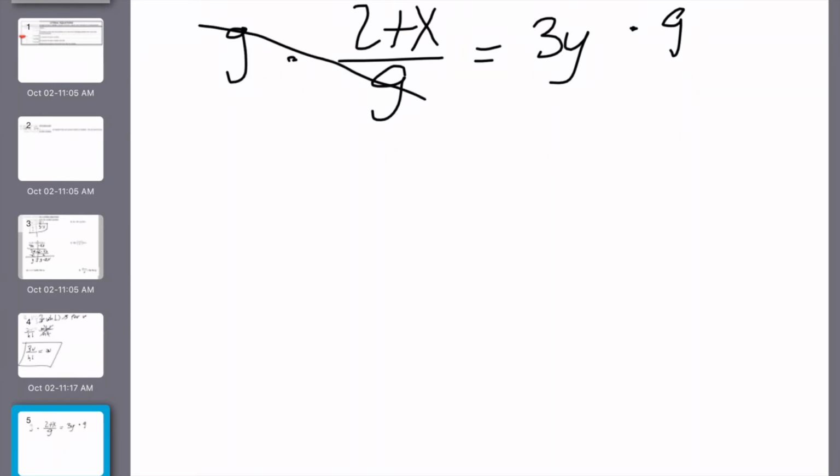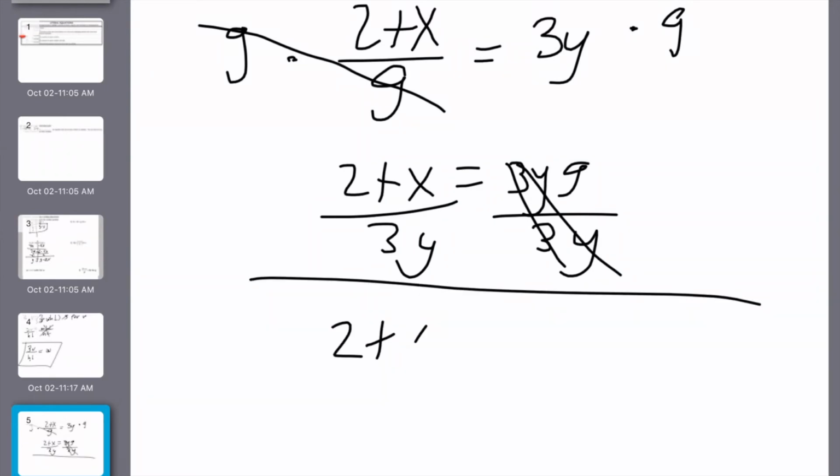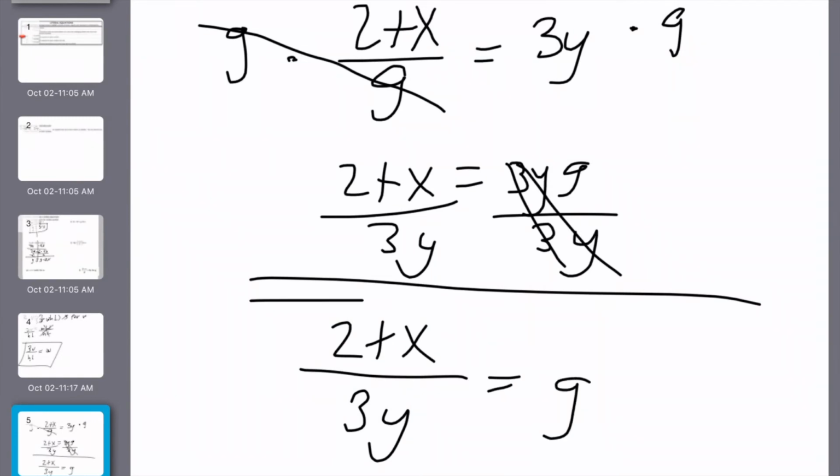So these g's cancel out, and I'm left with 2 plus x equals 3y times g. So this is 3 times y times g. To eliminate that 3 times y, I'm going to divide by 3y on both sides. That eliminates the 3 and the y's, and I'm left with 2 plus x divided by 3y equals g.